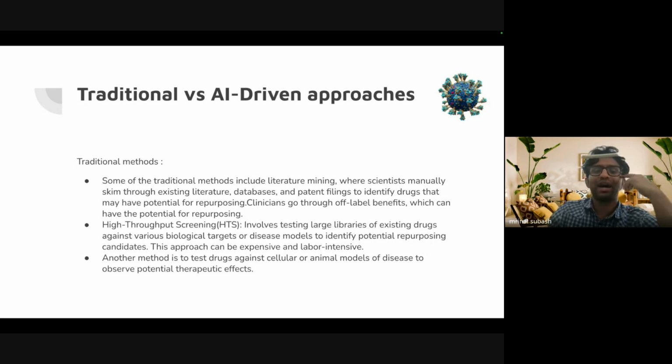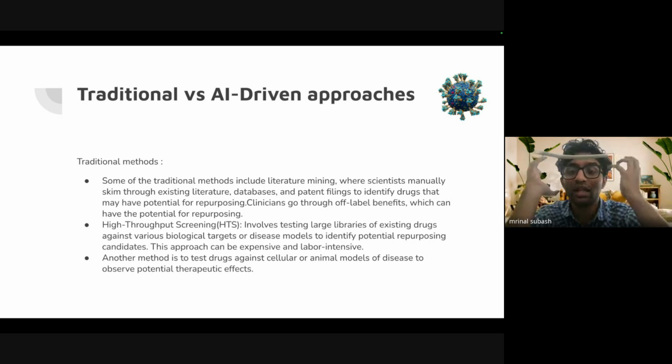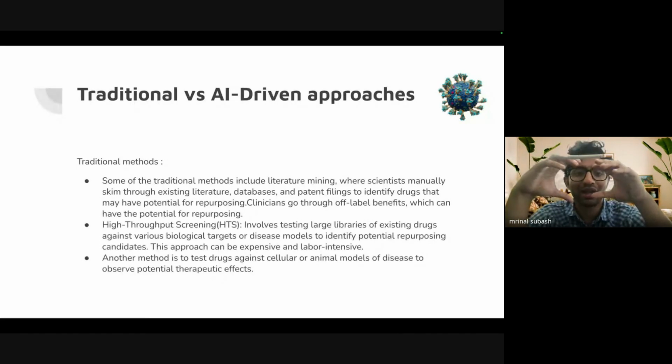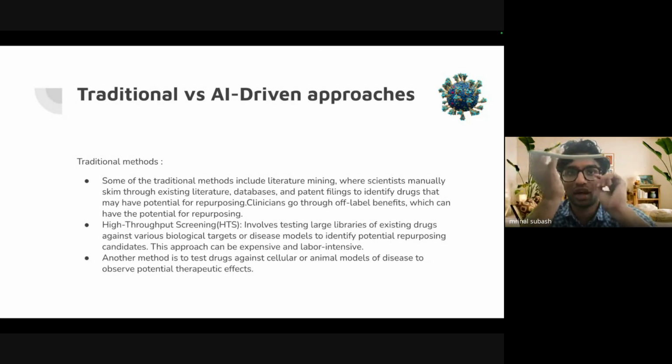Another process is high throughput screening. High throughput screening involves using large libraries of traditionally existing drugs against various biological targets. Drugs act on certain targets.